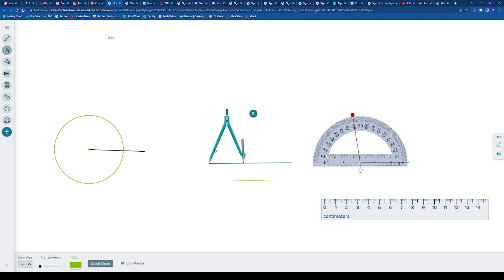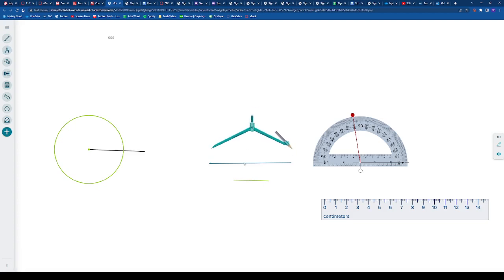Similarly, if the compass is wide enough, oh, it is good, I can make a segment that represents the blue line. It's not quite flat. Let's see if I can flatten this blue one just a little bit better so I can measure it properly.